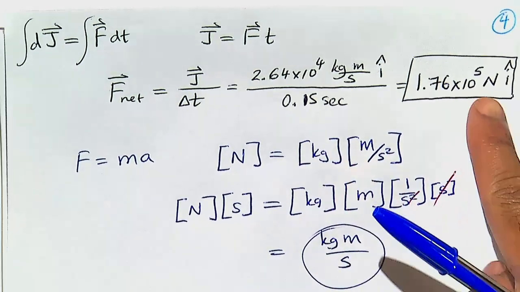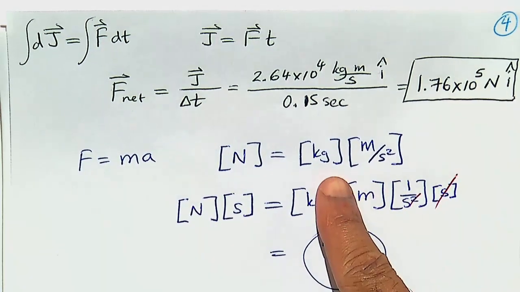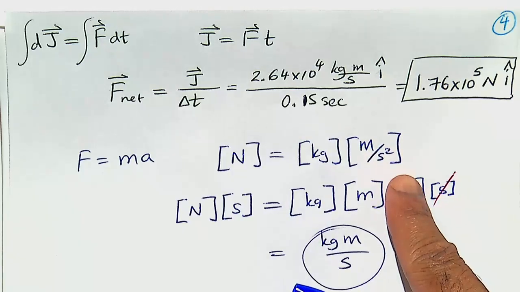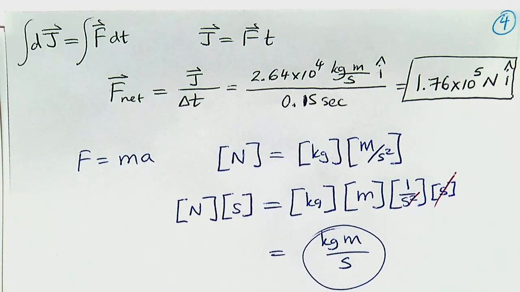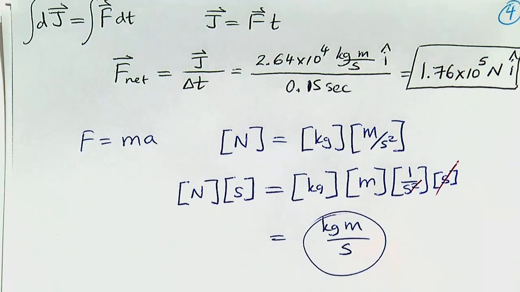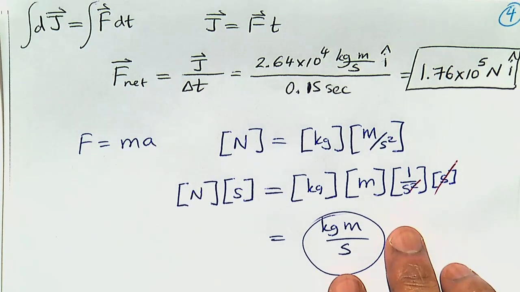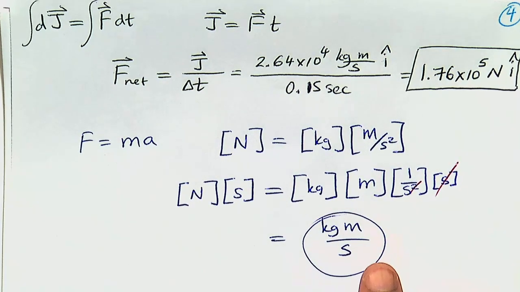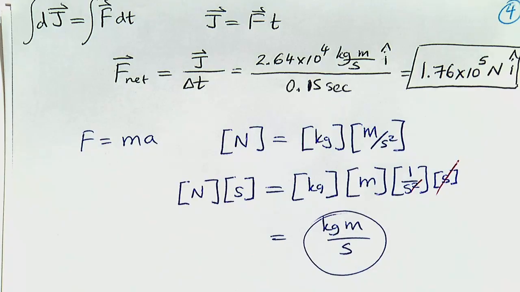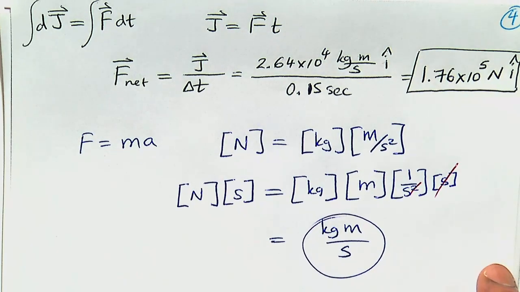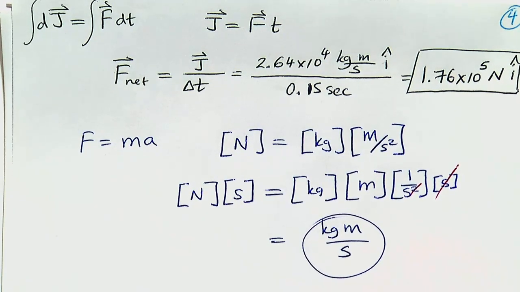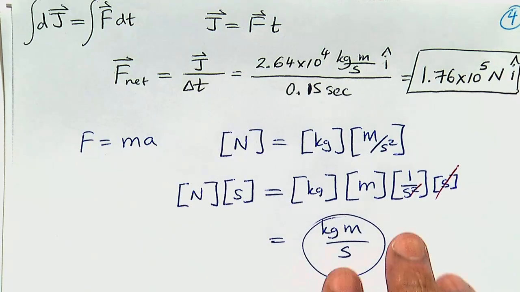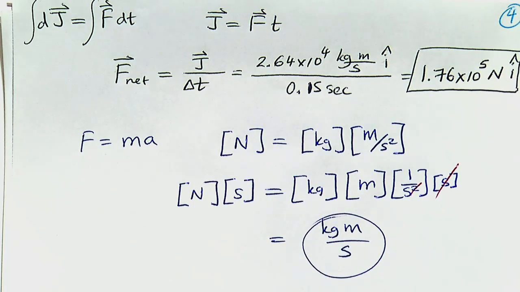It's tedious to keep writing kilograms meters per second squared every time you write a force down, so that's why we just write newtons. But sometimes there's no name for these units. One day when you're famous, maybe they'll name it after you. Until then, we just deal with kilograms meters per second.